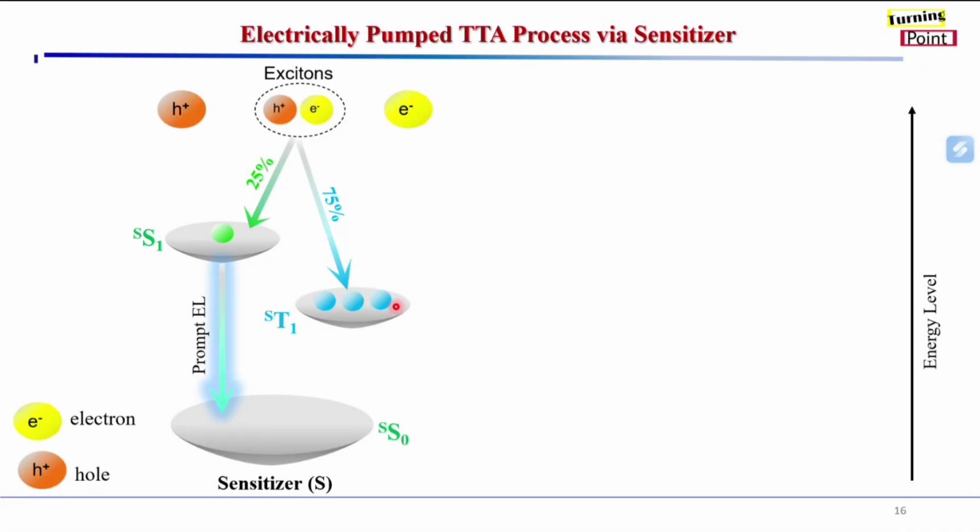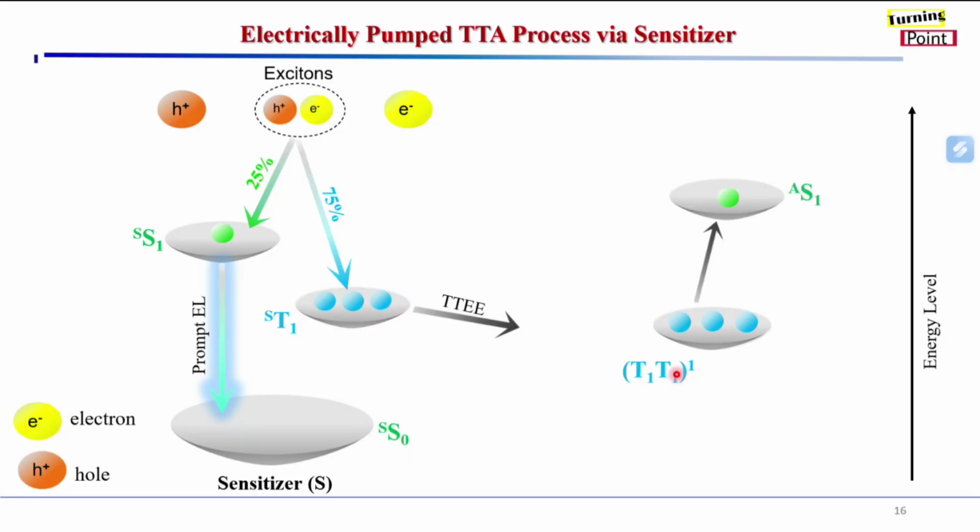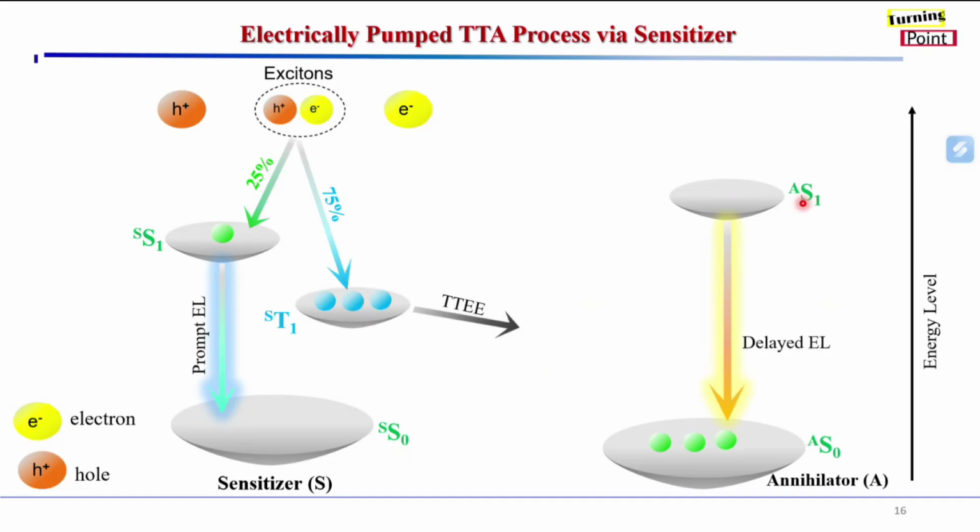And this sensitizer triplet state transfers energy to the annihilator molecule via the triplet energy exchange process. And now the annihilator molecule is populated. And when two annihilator molecules interact with each other, they at first form one singlet intermediate. After that, this singlet intermediate is converted into one singlet ground state, another one is a singlet excited state. And when the singlet excited molecule comes back to the ground state, it emits light as delayed electroluminescence.